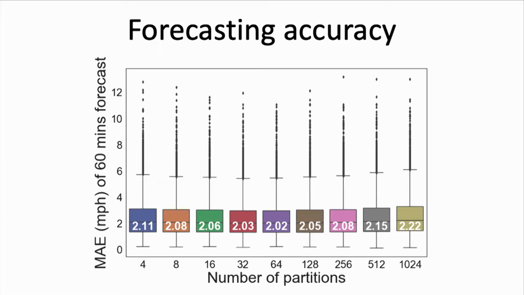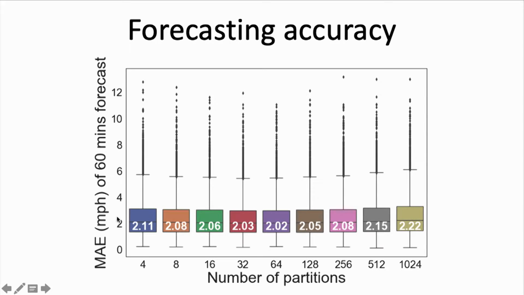We use the LCF system Cooley to train DCRNN, but a single instance of DCRNN is not trainable because the memory is not sufficient. So, we are able to train 4 partitions up to 1024 partitions on Cooley.